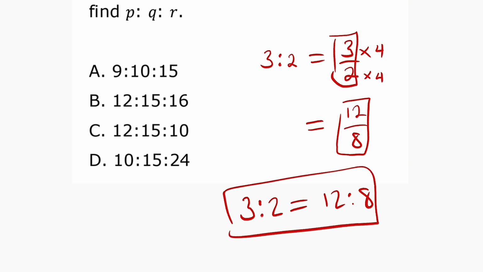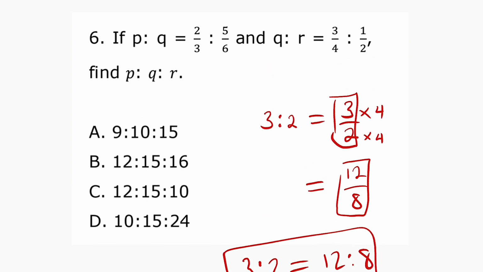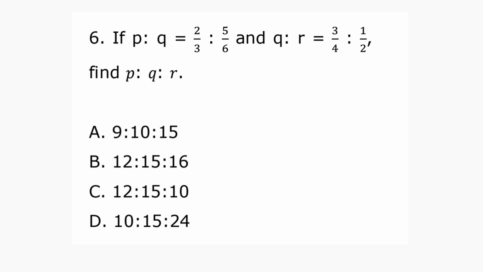So let us apply the same thing here in tackling this problem. The first thing I want to do here is to transform these fractions into whole numbers by applying the idea of equivalent fractions. The LCM between 3 and 6 is 6. So I want to multiply these two fractions by 6 in order to eliminate the fractions.